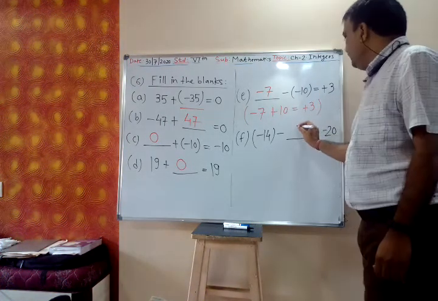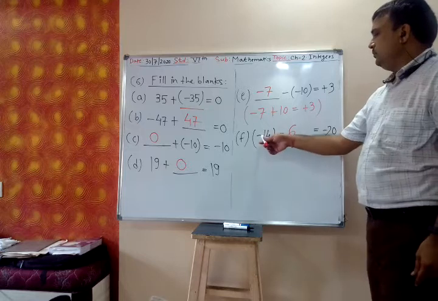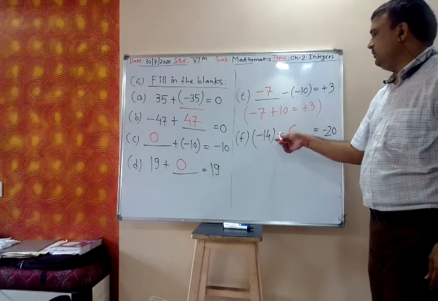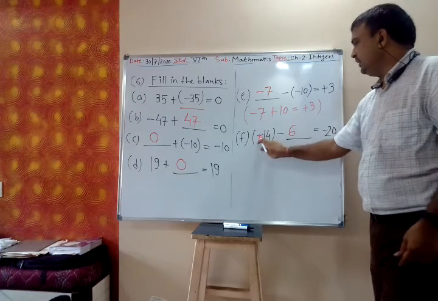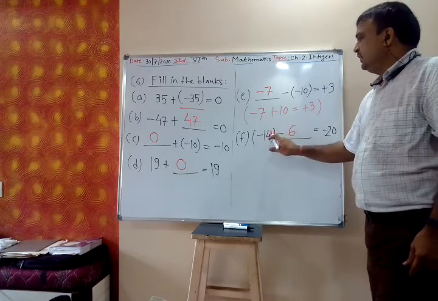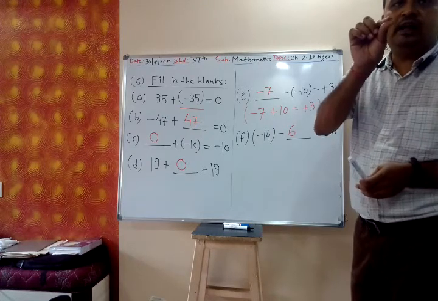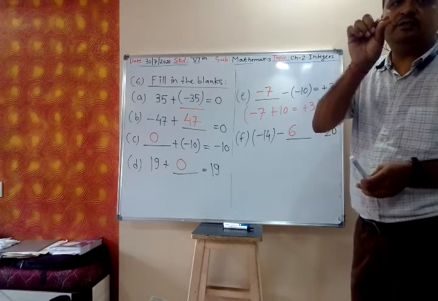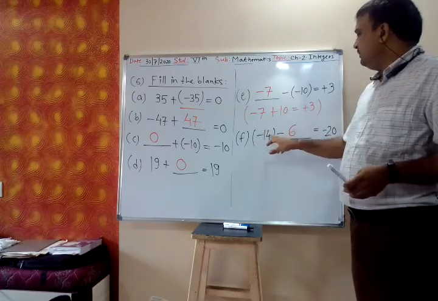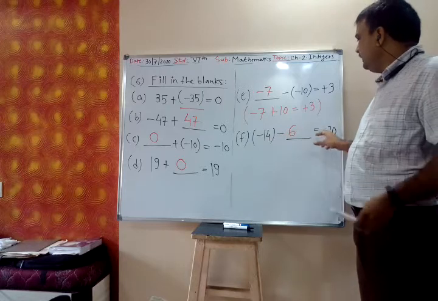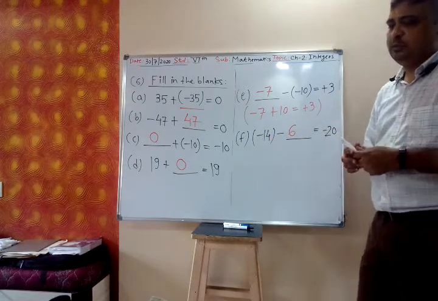We write 6, because minus 14 minus 6 is minus 20. Same sign you have to add. Minus minus we add, plus plus we add. So 14 plus 6 is 20, and I take the common sign minus. So it should be minus 6.